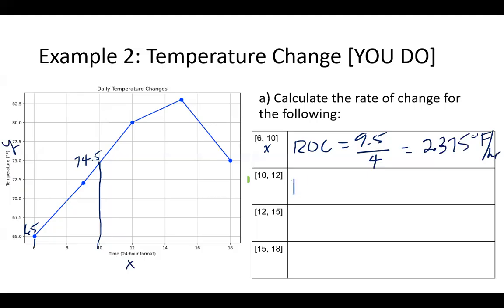All right. Next, our rate of change for the next one. We're going from 10 to 12. So again, looking at the X's from 10 to 12. So here's 10. Here's 12. 12 is at 80. So from 74.5 to 80 is going to give me 5.5. And then from 10 to 12 is going to give me 2.